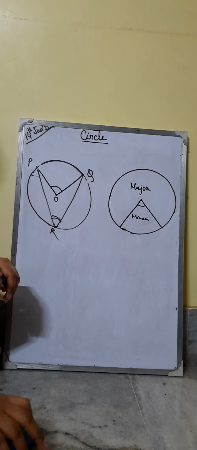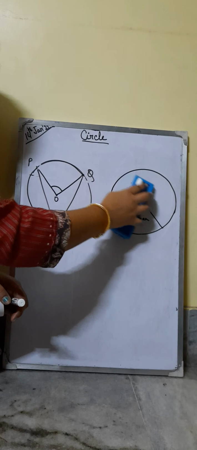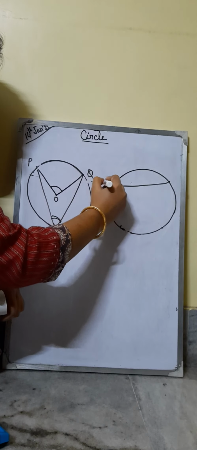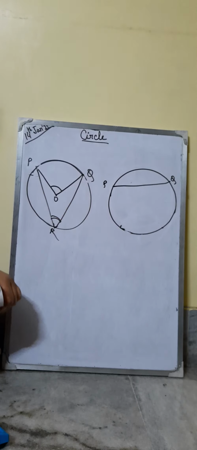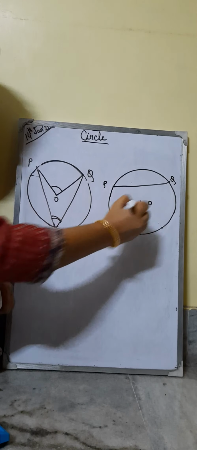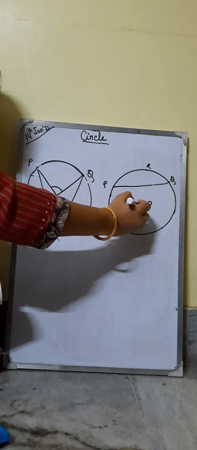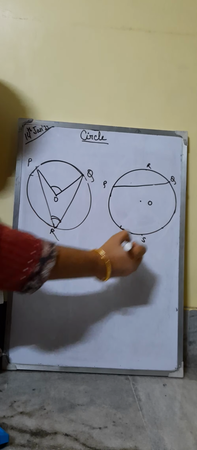Next is angle subtended by a chord. What is that? Draw over here. Say PQ is a chord. This is P and Q, a chord. Now this is the center O. Let R be a point on the minor sector and S be a point on the major sector.